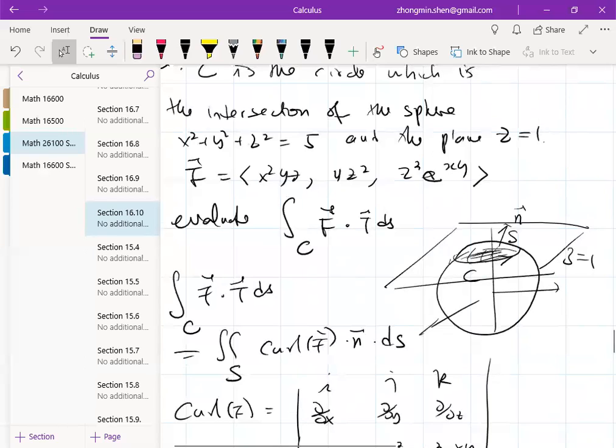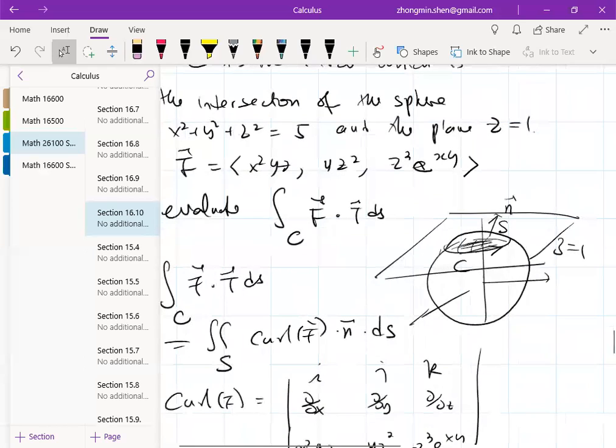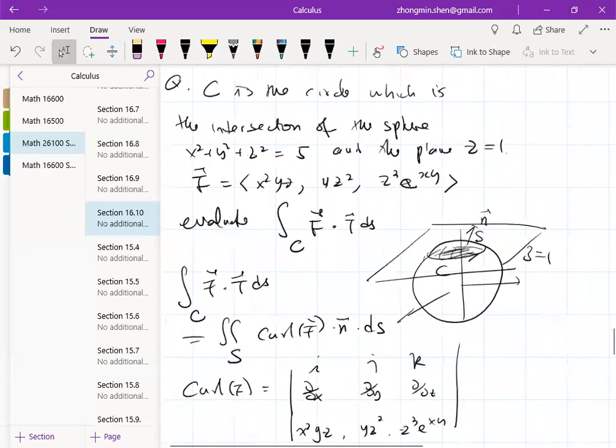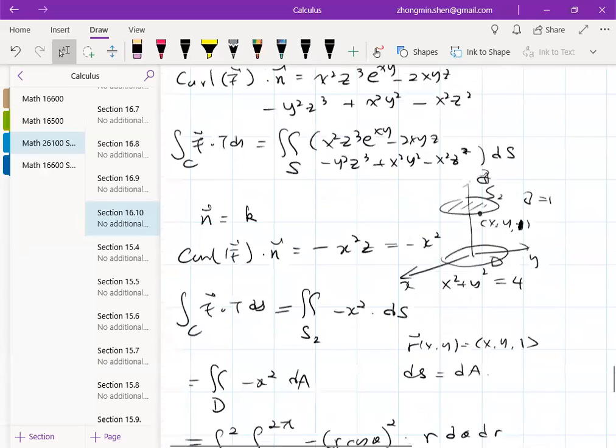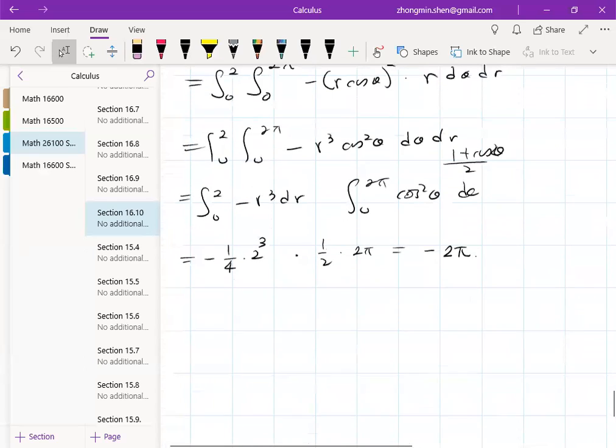It's complicated. Okay, z is always equal to 1, and along this, it's probably okay. Evaluate this line to just parameterize this curve in the space, and then you can do that problem directly using parameterization.